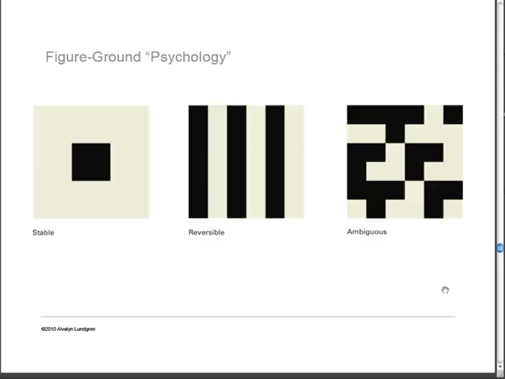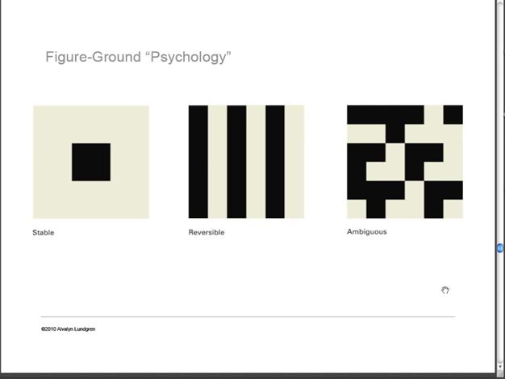There's a psychology to figure ground understanding, and we can use that psychology to our advantage in design, so it's important to understand what's going on. When there is a real clear, well understood figure ground relationship, that is considered stable. We get it, we know what to do with it. Figure ground relationships can be reversed.